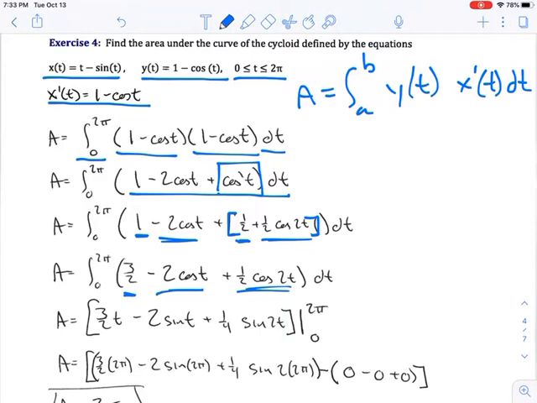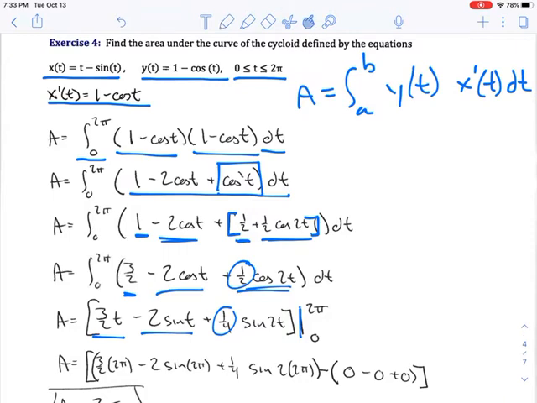So the antiderivative of 3/2 is 3/2 t. The antiderivative of 2 cosine t is 2 sine t, and that's minus, of course. And then the antiderivative of cosine of 2t is going to be the sine of 2t times 1/2, and that 1/2 times this 1/2 gives us a 1/4. And we are evaluating that from 0 to 2 pi.